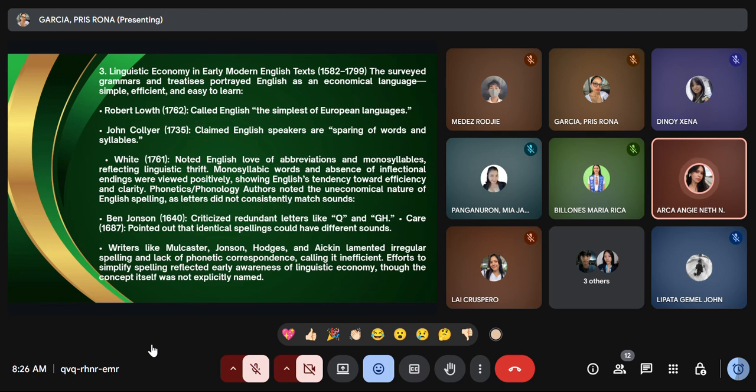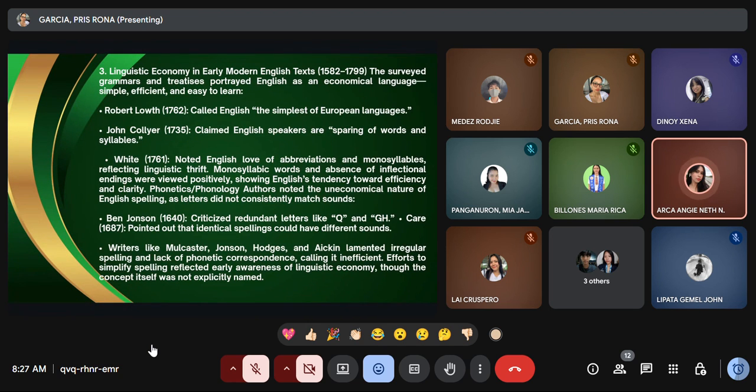For example, Robert Lowth in 1762 called English the simplest of European languages. Another example is John Collier. In 1735, he also said that English speakers are sparing of words and syllables. What does that mean? That means they tend to use shorter and fewer words when speaking or writing.